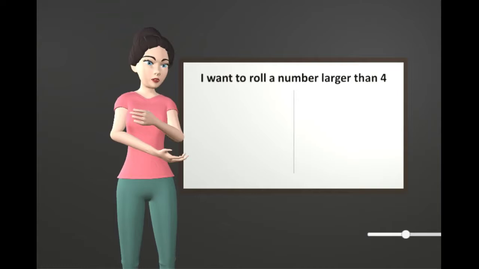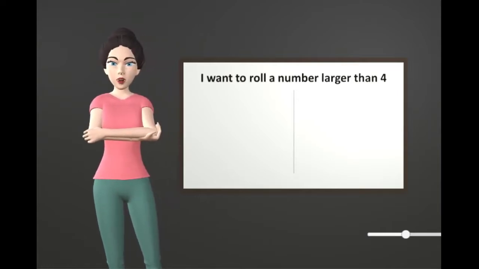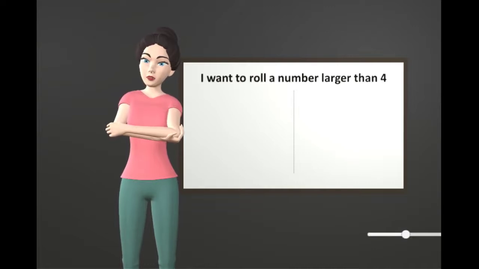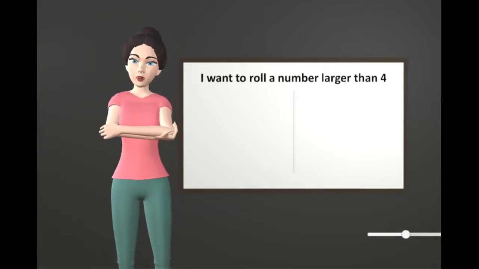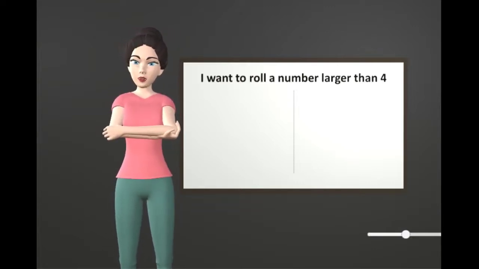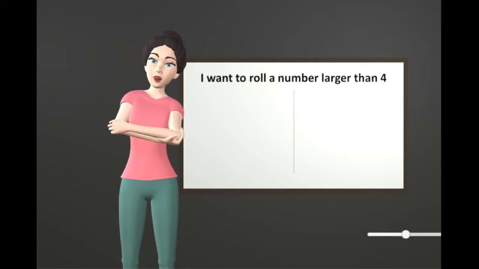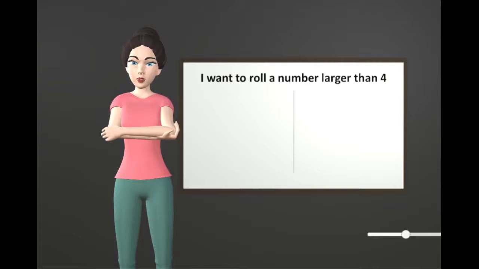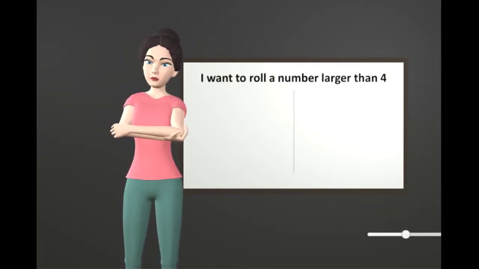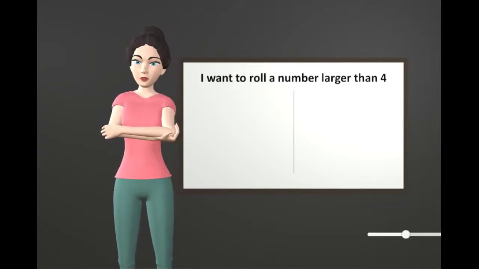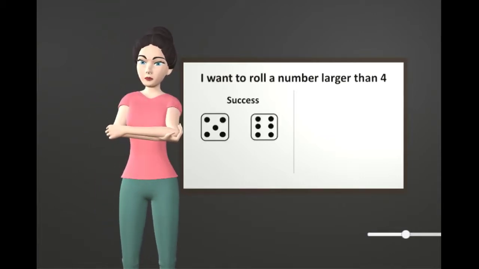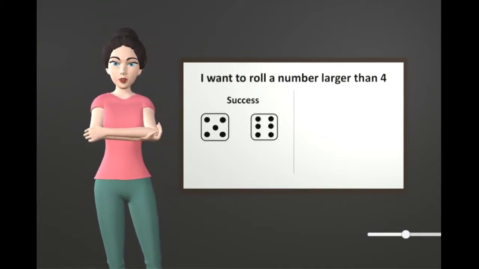Second, you also need to think about success and failure. A success is defined by you as one or more of the possible outcomes. For example, a success of rolling the die could be that you roll a number greater than 4. That means if you roll a die and get a 5 or 6, a success has occurred.